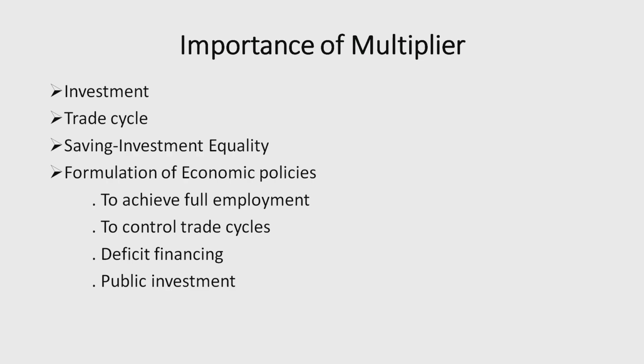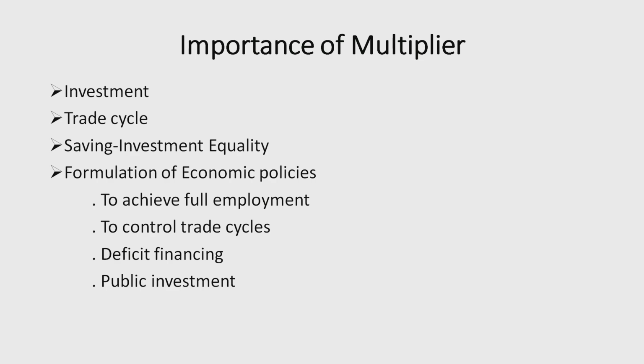The state decides upon the amount of investment to be injected into the economy in order to remove unemployment and to achieve full employment. So, an initial increase in investment leads to a rise in income and employment by the multiplier times the increase in investment.